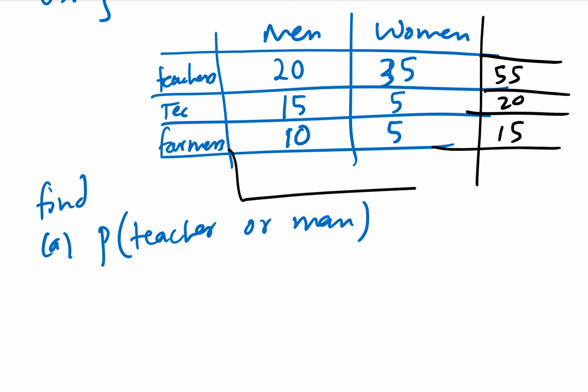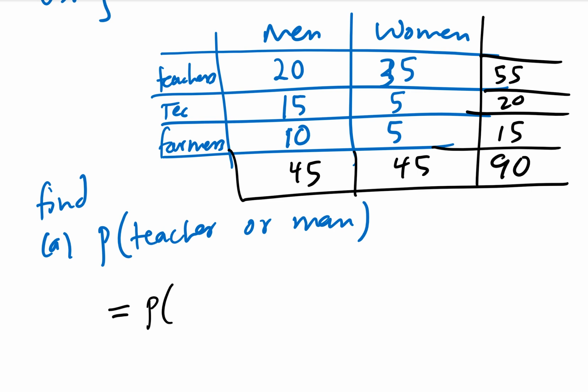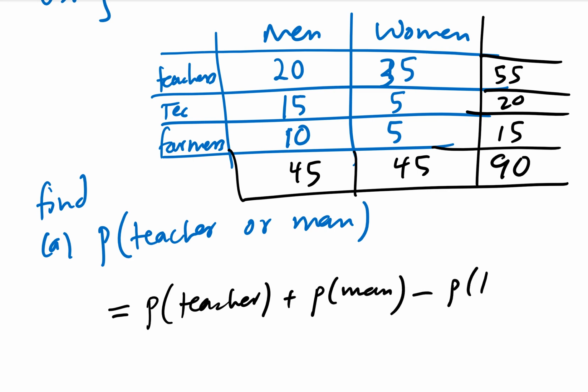If we need to find the total here, 10, 30, 45, 45, 90. So a teacher or man. So it's basically, or means union. So what's the probability of teacher plus the probability of man, but it could be man and teacher at the same time. Minus the probability of teacher and man.